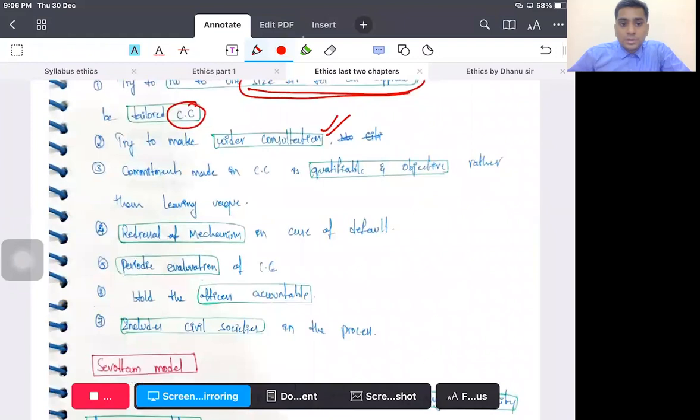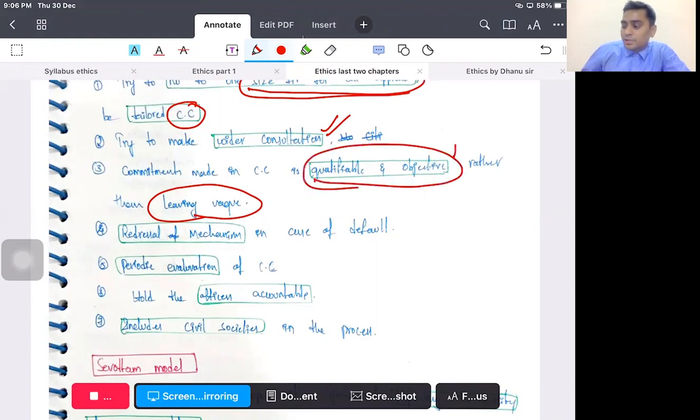We discussed this. Commitments made in the citizens charter should be quantifiable and objective rather than vague. What does this mean? It should not be lofty. Objectives must be lofty, but it should not be imaginary things like I will do this within 1 day or 2 days, just like before prelims will set. It should not be like that. It should be quantifiable and objective.